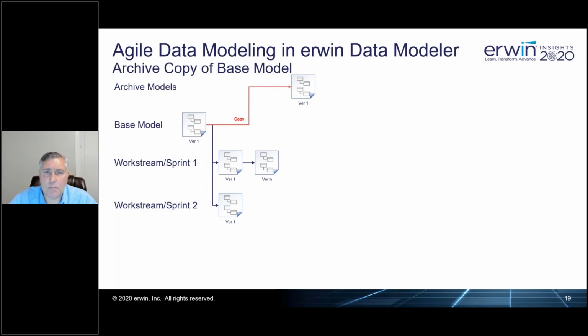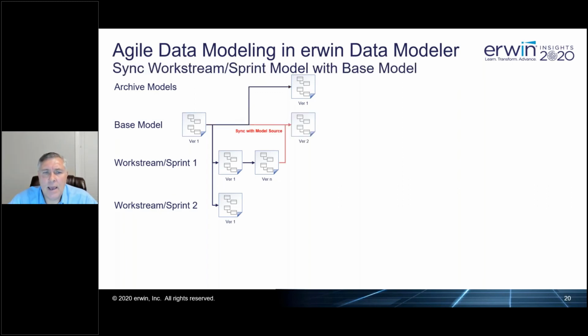We get to a point where we want to actually deploy our work stream 1 model. First thing we do, and I'm always a fond believer of keeping archived models, is take a copy of that base model and copy it to an archive folder. I then take that work stream 1 model and use the sync with model source to sync those changes back into my base model.